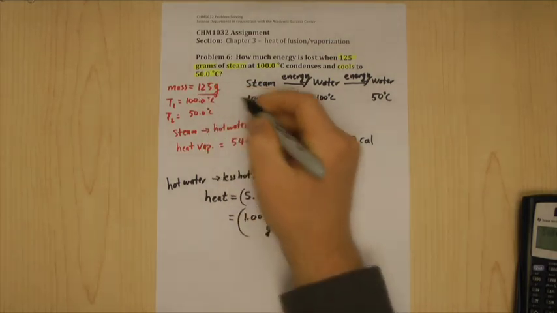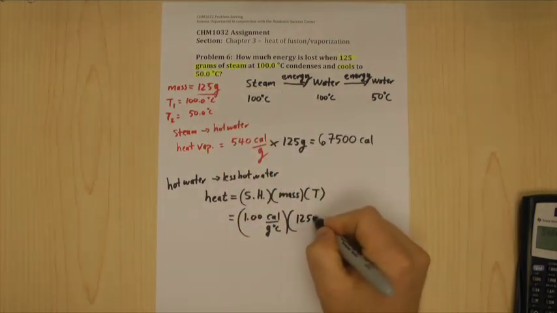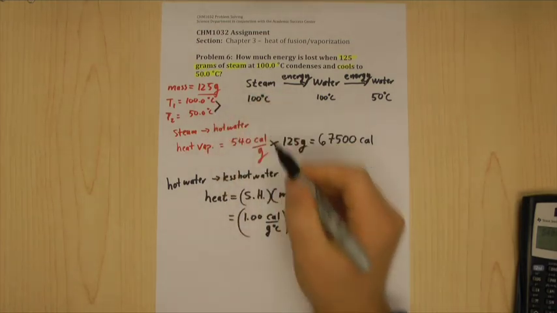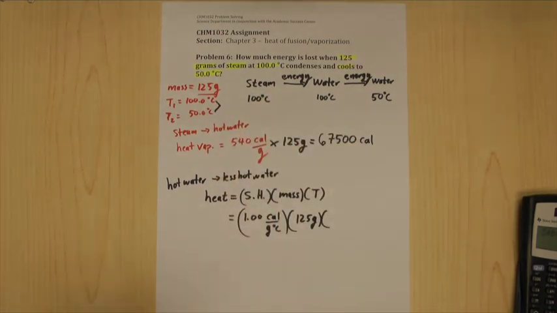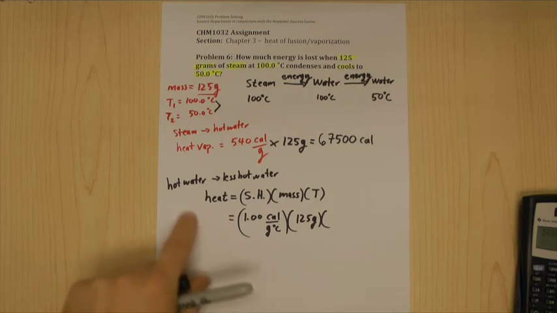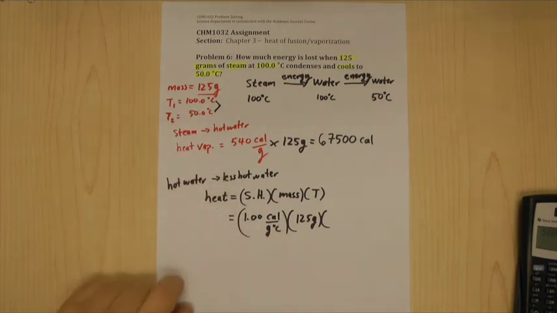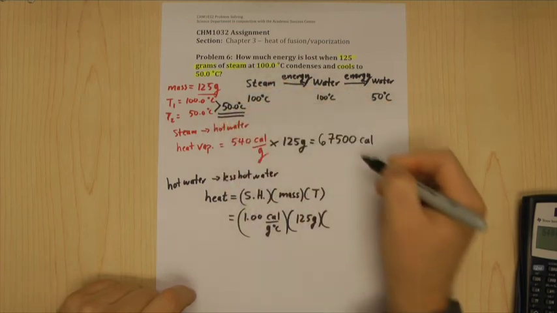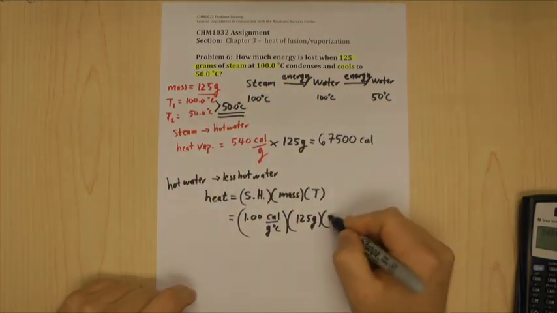That's going to be multiplied by the mass, 125 grams, which will now be multiplied by the change in temperature. Specific heat deals with the change of temperature. Heat of vaporization is only at 100 degrees. So water goes from steam at 100 to liquid water at 100. Now we're dealing with the temperature change right here, 50.0 degrees. That's 100 minus 50.